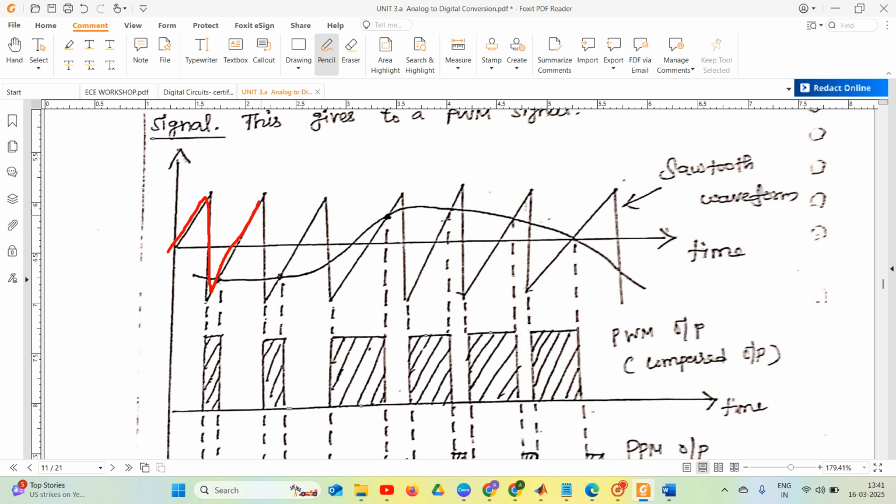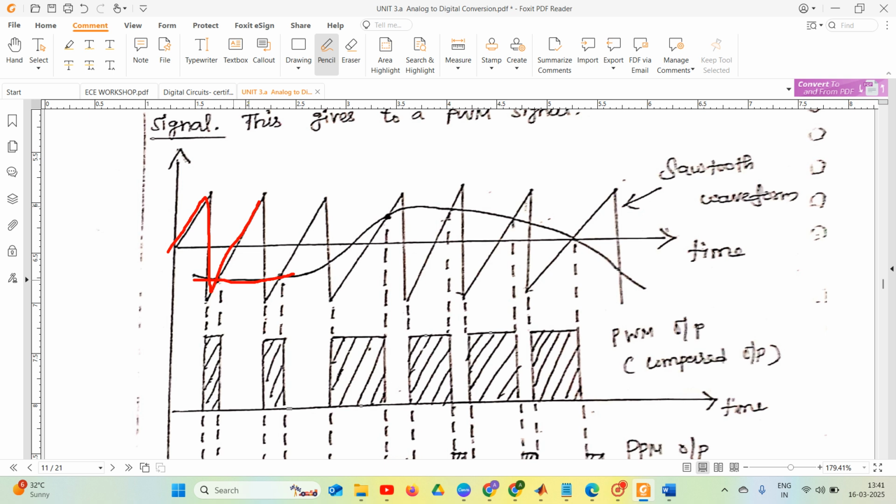This is my sawtooth signal. That black color is my modulating signal, right? This sawtooth signal acts as a sampling signal. In pulse amplitude modulation, we used rectangular pulses as the sampling signal, but here we are using the sawtooth signal as the sampling signal.